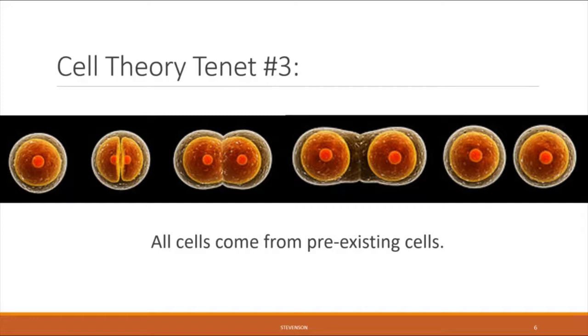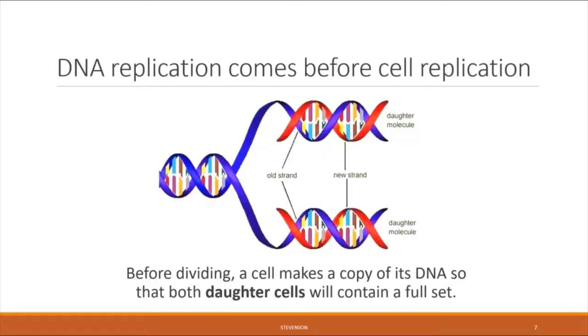DNA is an extremely important part of when a cell replicates because each of the cells that comes out of this copying process needs to have a full and complete set of DNA. So before cell replication can take place, DNA needs to be replicated so that both of the daughter cells, as they are called, will contain a full set of DNA when the process is finished.